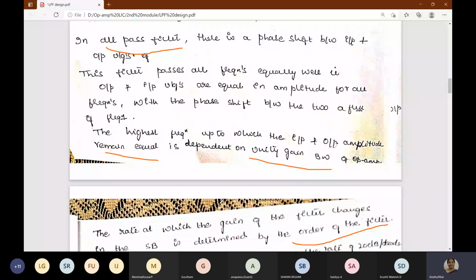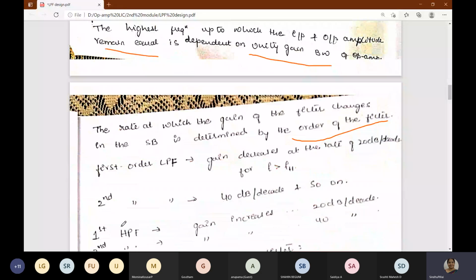One more thing, on what basis do they tell the order of the filter? Now we have seen that it is first order, second order, like this there will be n order filters. On what basis do they decide the order of the filter? It is given by the rate at which the gain of the filter changes. In the frequency response graph, we saw that for the low pass filter the gain is decreasing at 20 decibels per decade.